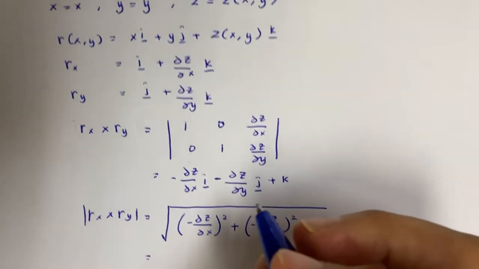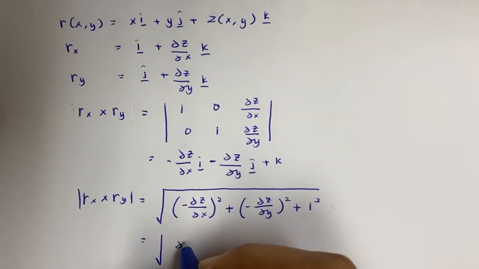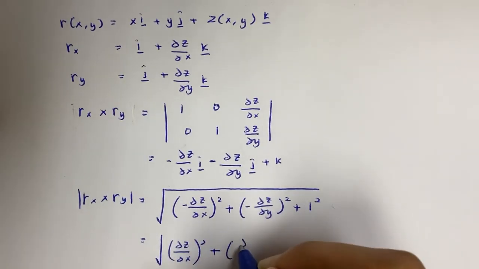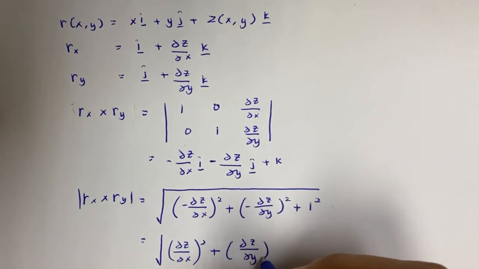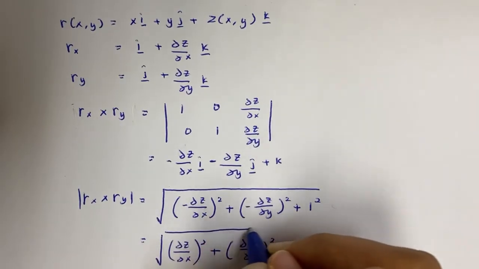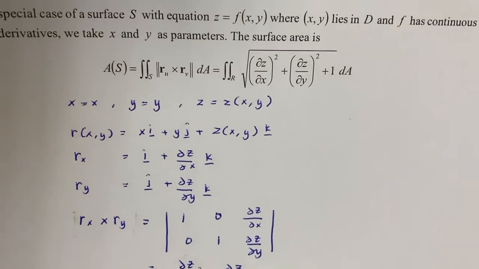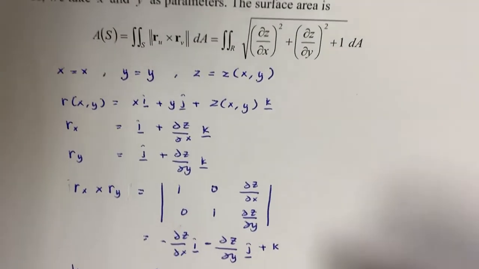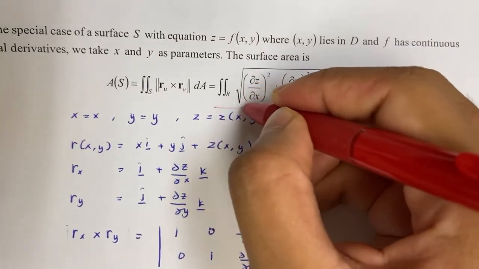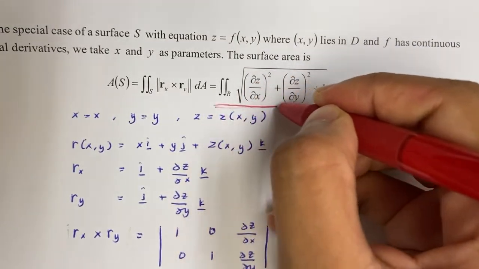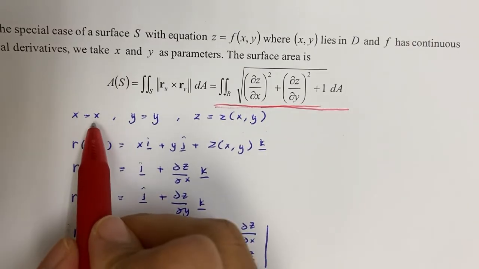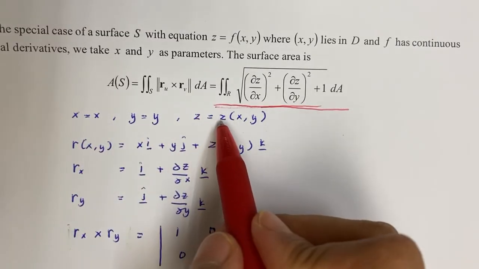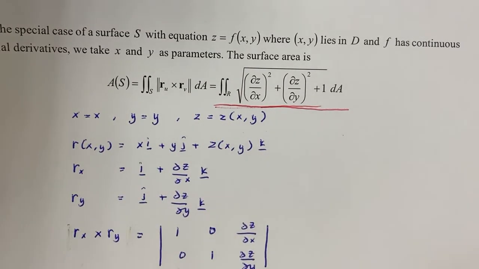And this is equal to square root of del z over del x square plus del z over del y square plus 1. So that's why for the area, okay, we can write x equal to x, y equal to y, and our z is in terms of x and y.